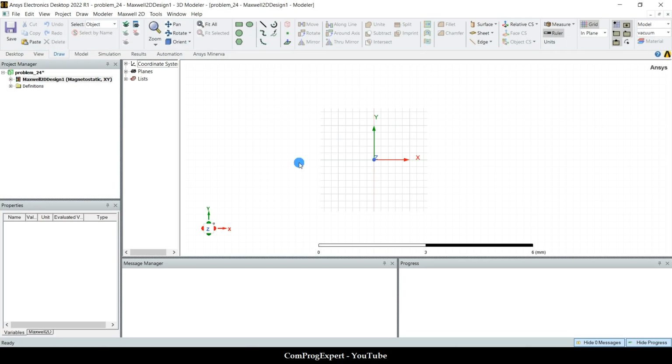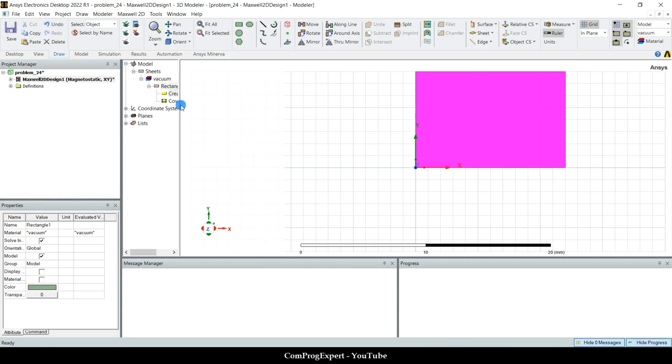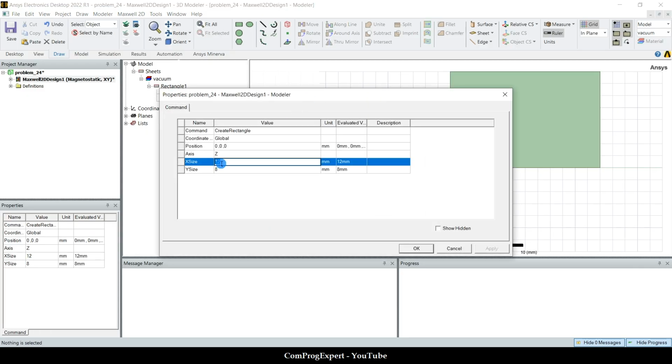Here, like before, let's add a rectangle. How can we set the dimensions? X size, let's consider width of the magnet plus width of the window plus width of the air gap.